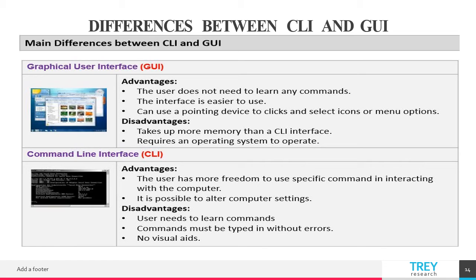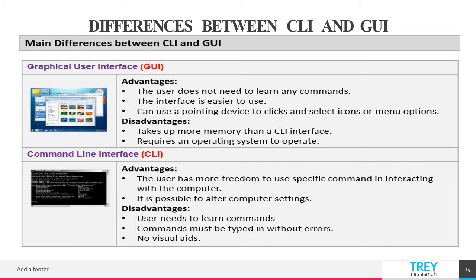While for the command line interface, you just need to know how to use the commands and which commands to use. Under the GUI, you can use a pointing device to click and select icons or menu options. But with a command line interface, there is nothing like that.